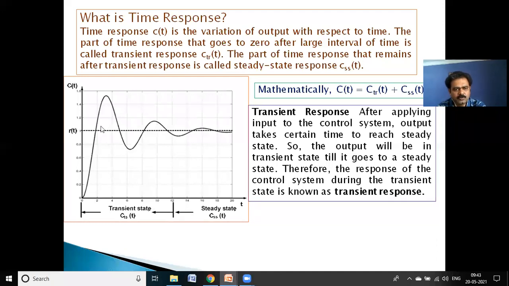In transient response, there are overshoots, undershoots, and the time taken to reach the steady state value is called settling time.